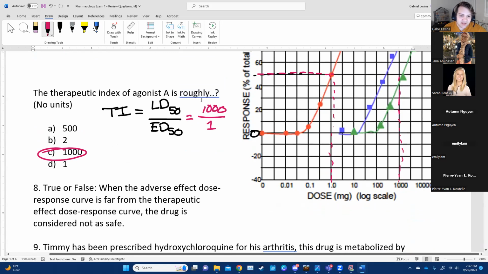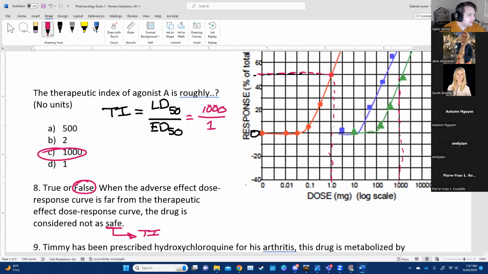True or false? When the adverse effect dose response curve is far from the therapeutic effect dose response curve, the drug is considered not as safe. True or false? False. I would agree. This is false. Whenever we talk about safety, we're talking about therapeutic index. Almost everyone is going to get a side effect of a drug.